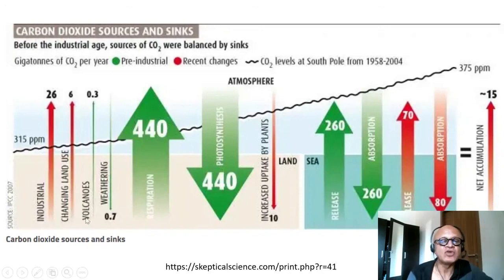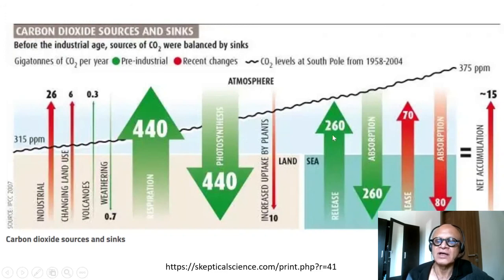Nonetheless, if you look at pre-industrial times in terms of gigaton CO2 per year, you can see the industrial era has these recent changes here. We are putting out more industrial emissions, changing land use, volcanic activity continues, and weathering continues to draw down. Pre-industrially, we had respiration and photosynthesis essentially balancing over the globe, whereas this is land and sea.